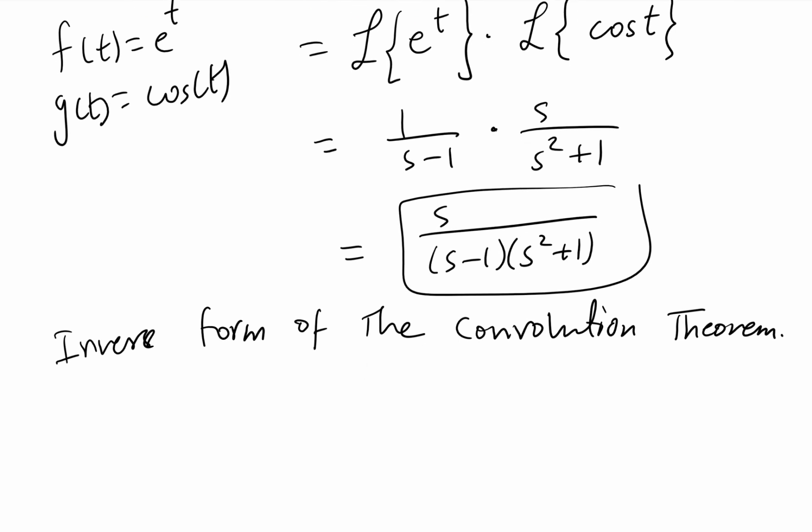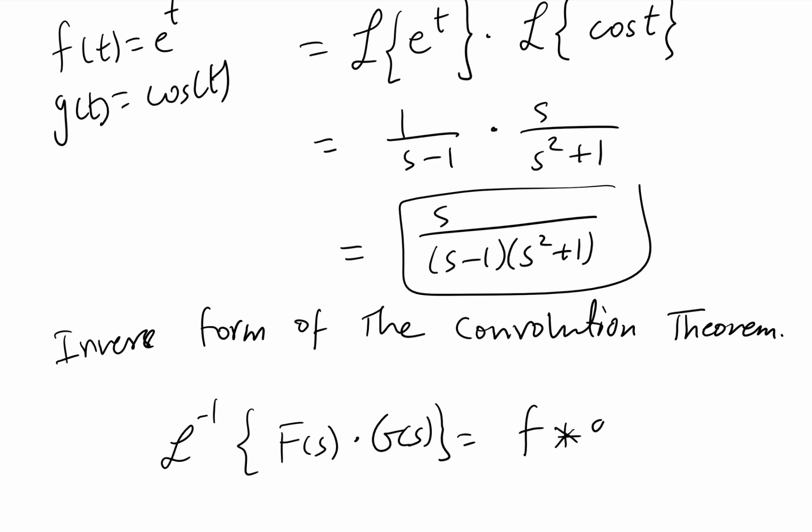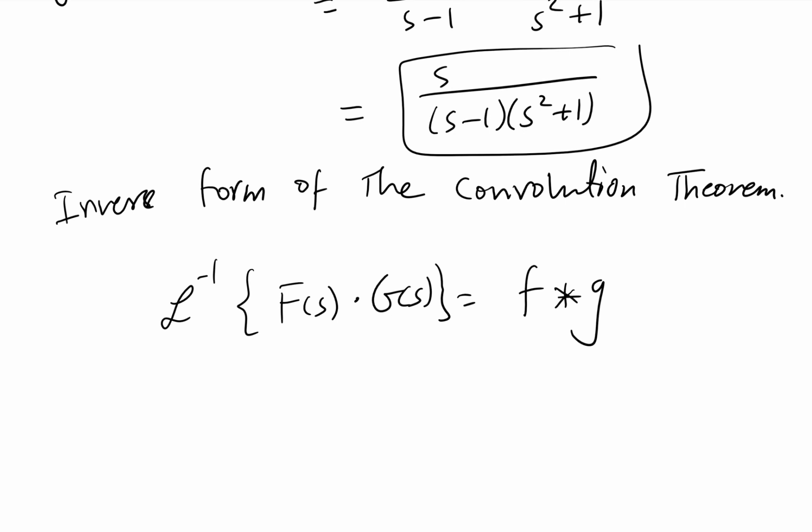The convolution theorem is sometimes useful for finding the inverse Laplace of the product of two Laplace transforms. So to get the inverse Laplace of F of s times G of s, it's kind of going backwards. It's basically f convoluted with g. To apply this, we can look at an example.